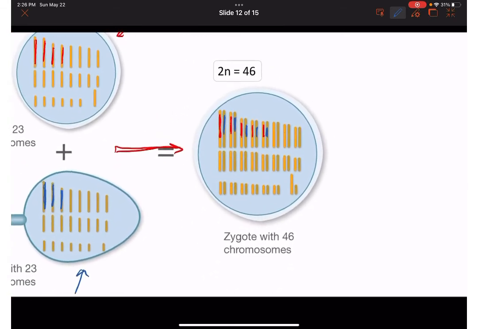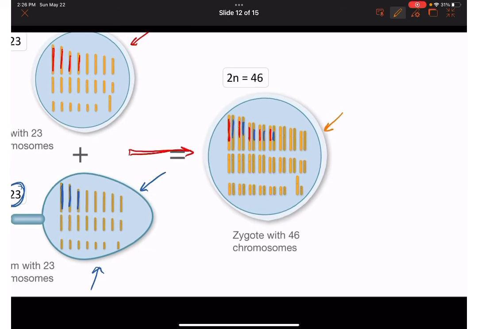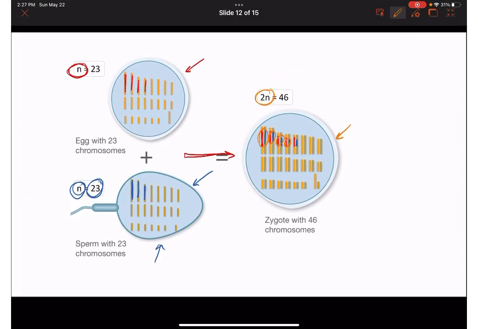And the key here is that the mother and the father both contribute one chromosome in each homologous set. So in these sex cells, there's only one chromosome in each set, but then you combine the sperm and egg together, and now you have two chromosomes in each homologous set. And that's what takes us into this diploid state, going from a haploid to a diploid state.